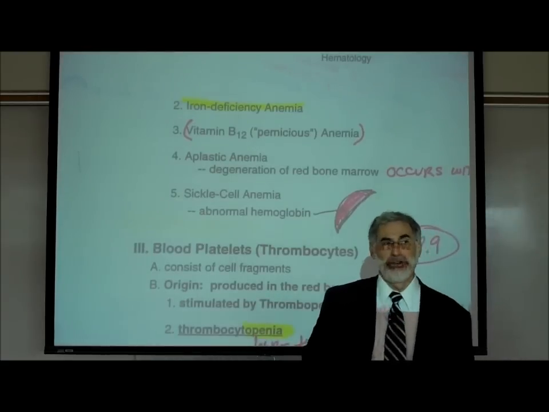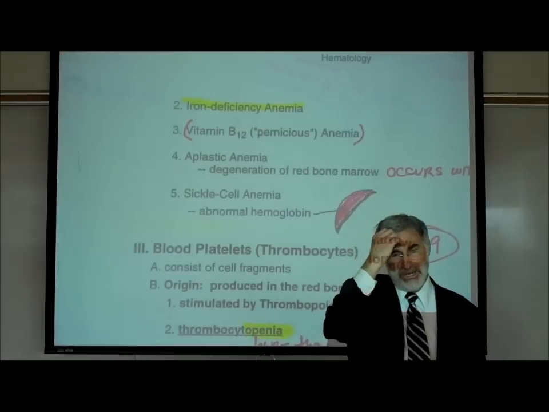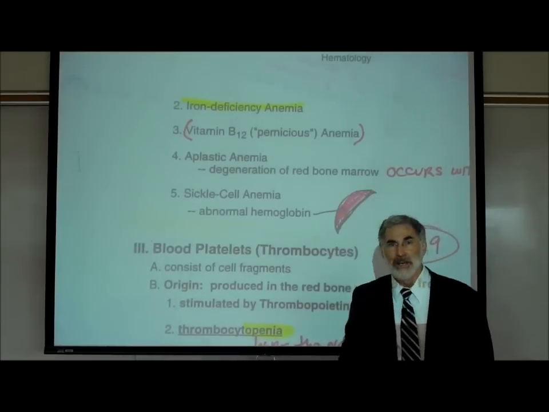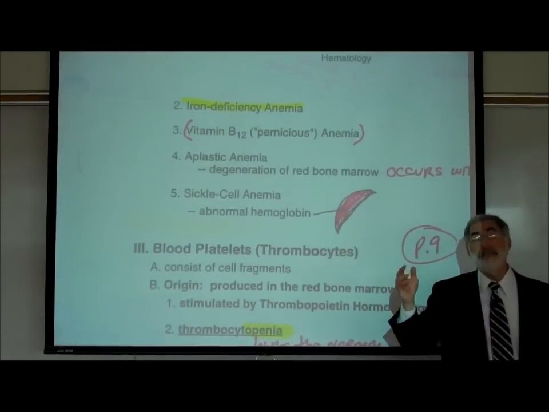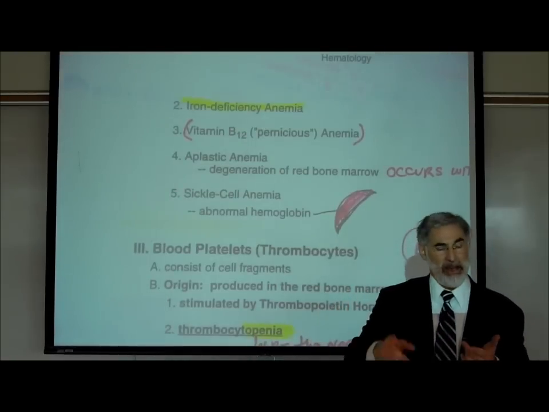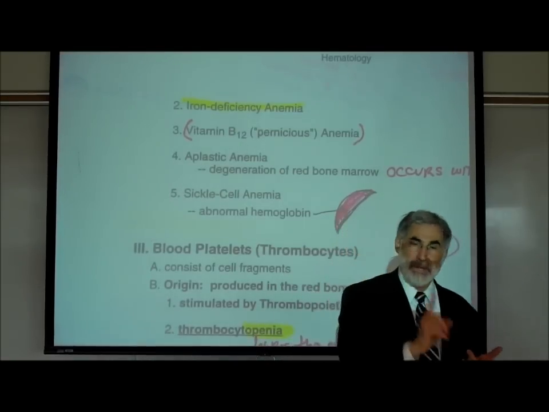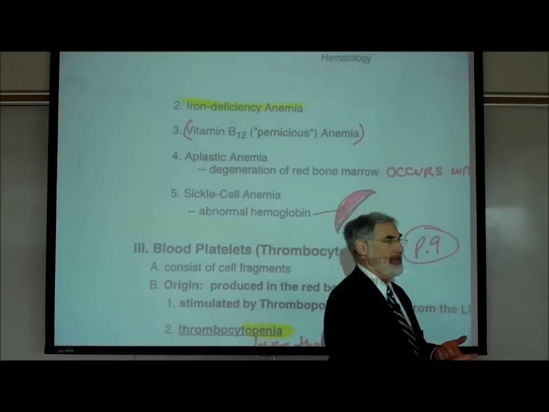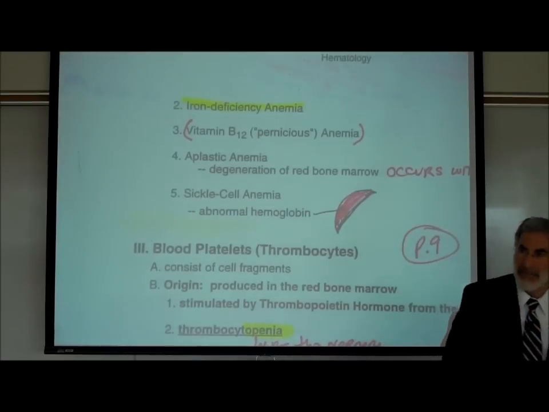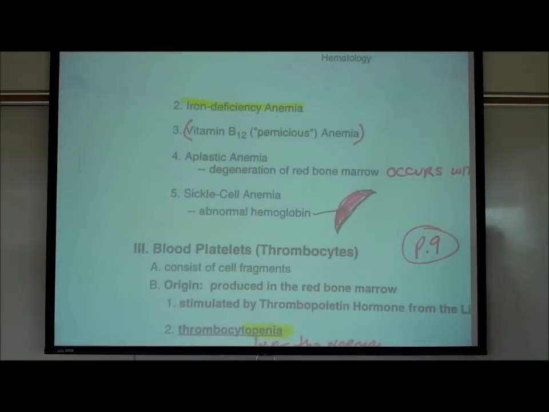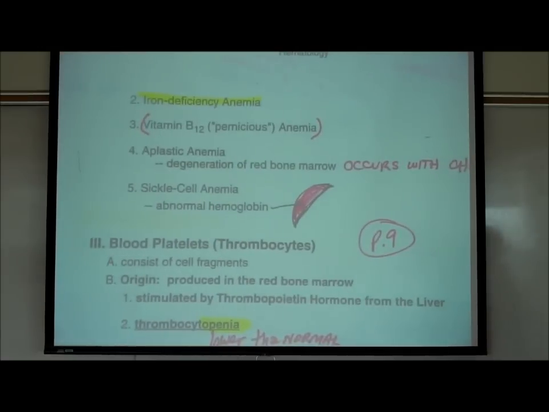Another B vitamin you need, I didn't even write it, you don't have to know it, is folic acid or folate. So somebody could have many causes of being anemic: iron deficiency anemia, vitamin B12 anemia, folic acid anemia, because there are many nutrients that are needed as coenzymes.